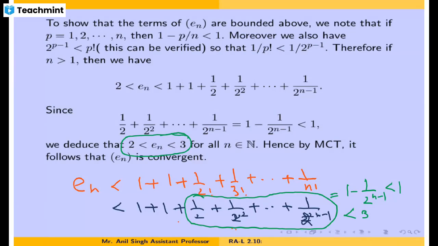This is greater than or equal to 2, and hence this is a bounded sequence. It is increasing also, and applying the monotone convergence theorem, this sequence is a convergent sequence. We cannot find its explicit limit e, but we are sure that the limit of this sequence lies between 2 and 3.